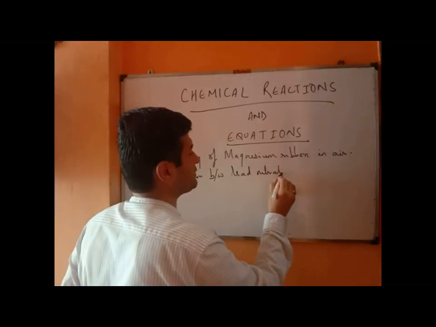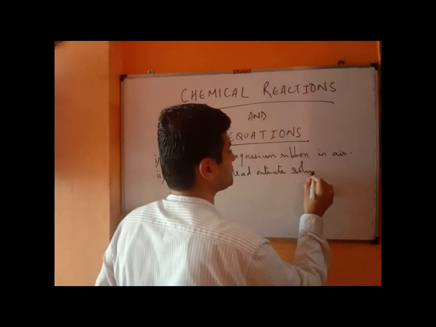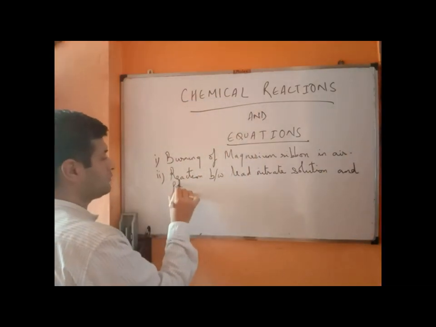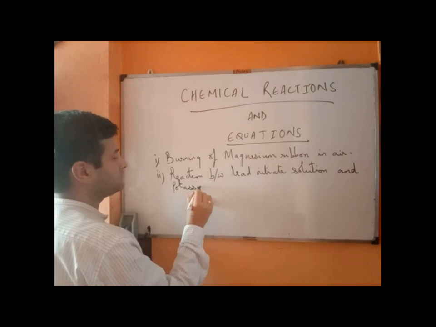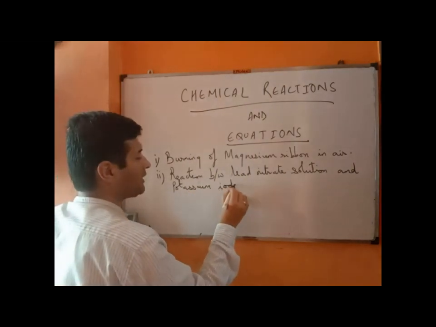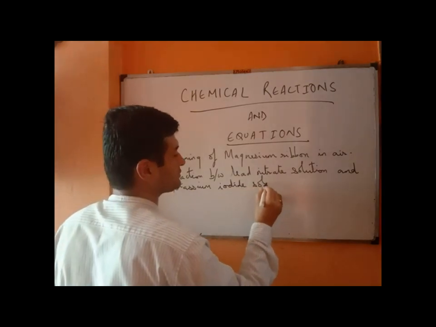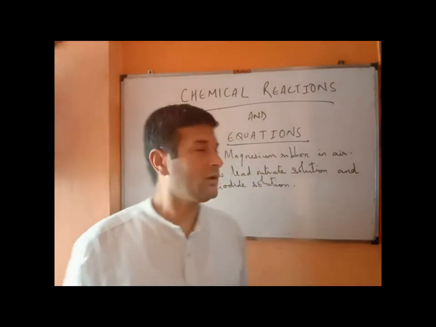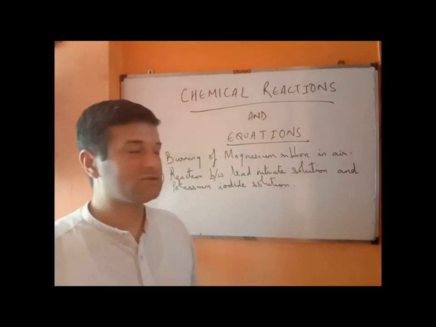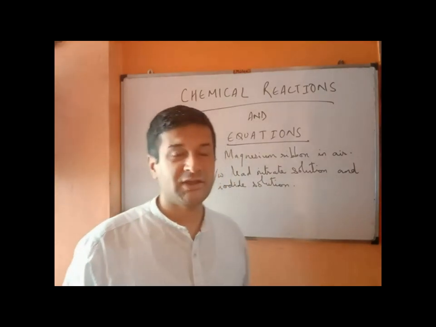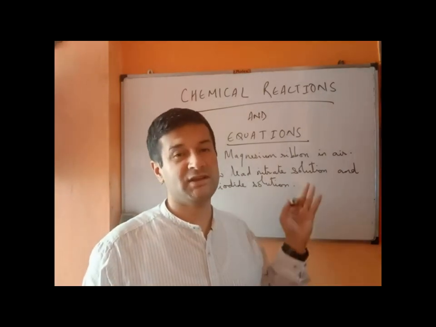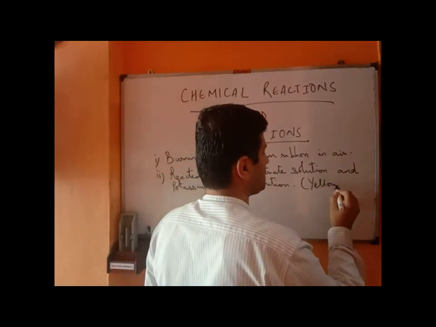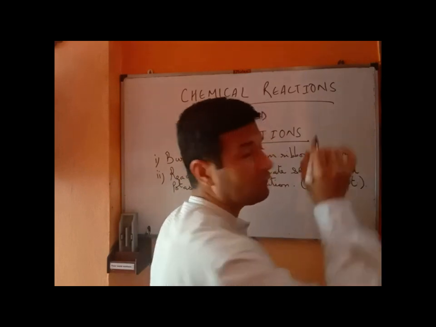Lead nitrate solution and potassium iodide solution. So when lead nitrate solution is reacted with potassium iodide solution, then you will be able to see the change in color, that is, a yellow PPT or precipitate is formed.